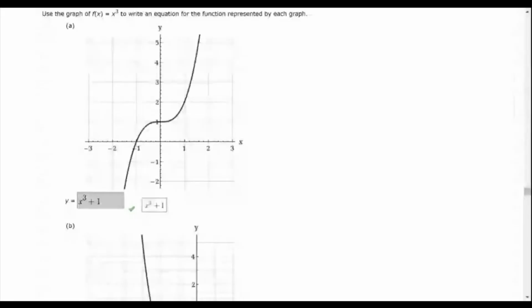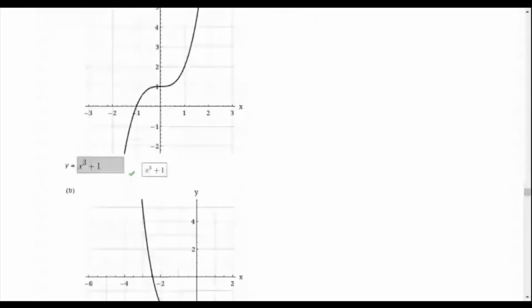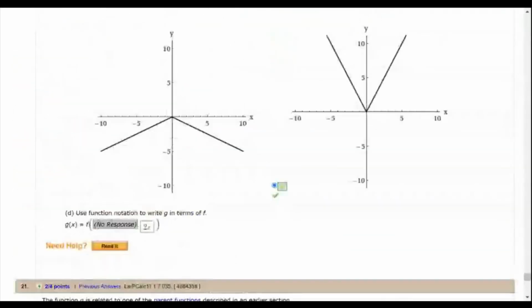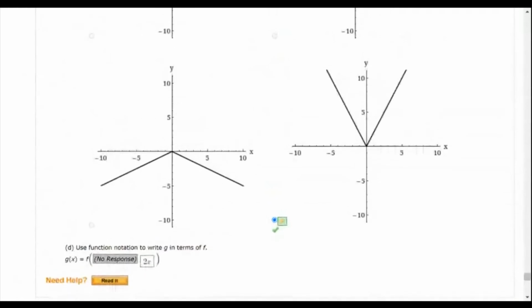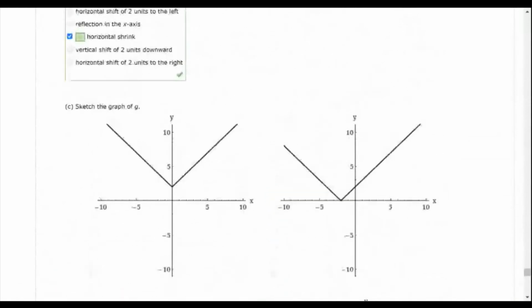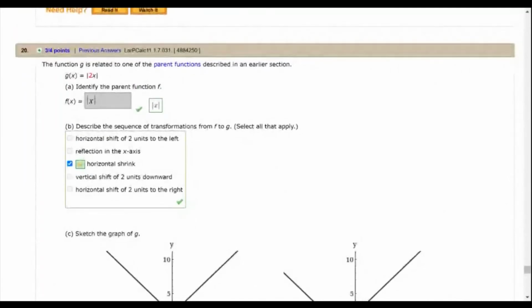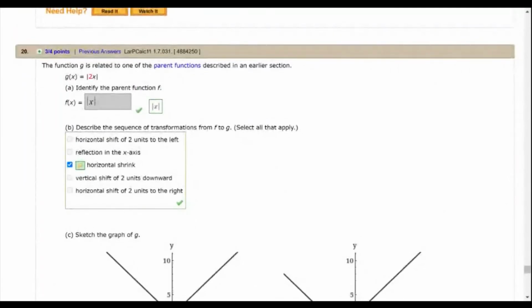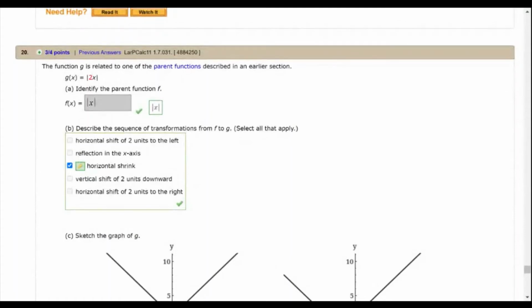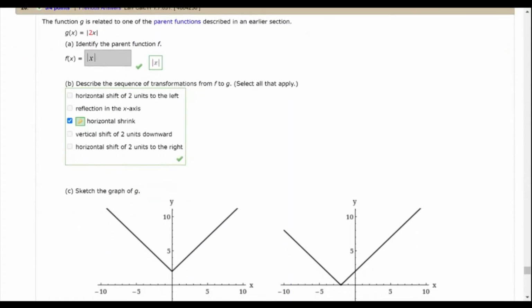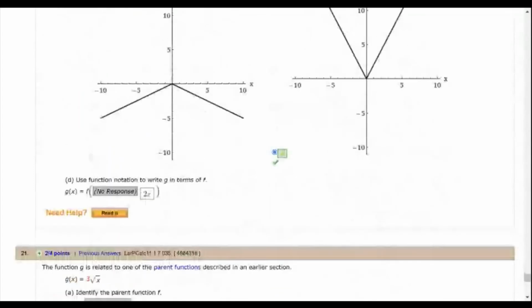It is number 20. All right. So you got it's just that bare bottom thing there. Okay, so that's g of x equals absolute value of 2x. F of x equals the absolute value of x. And then they wrote it like this.